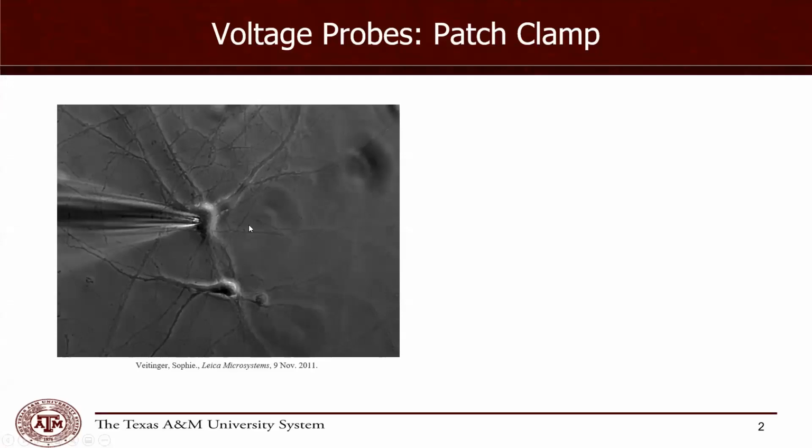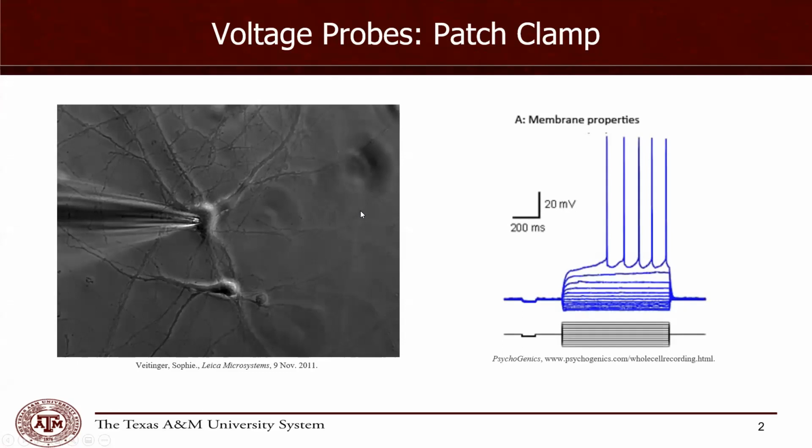So as it is right now, we have many different voltage probes that we have access to. The gold standard, of course, is patch clamp. Patch clamp is a fantastic technique because we get amazing temporal resolution, great signal to noise, but the issues in terms of probe size mean that you can't get lots of probes in a very small region of space, which limits your spatial resolution.